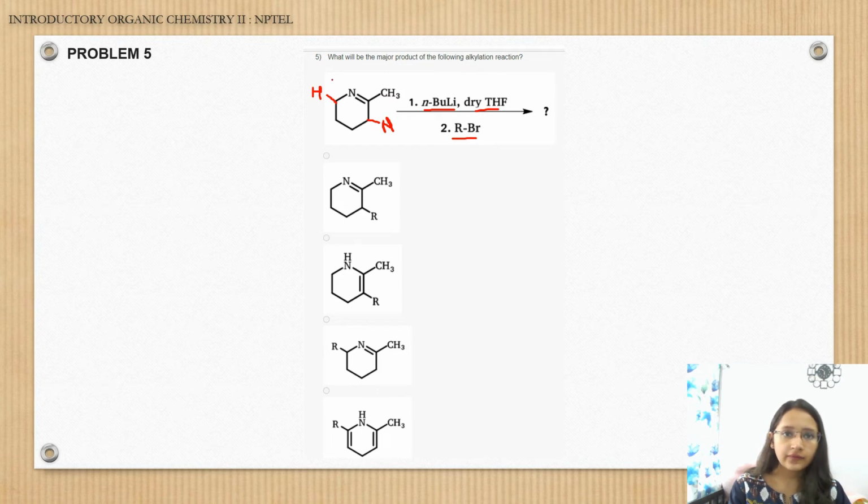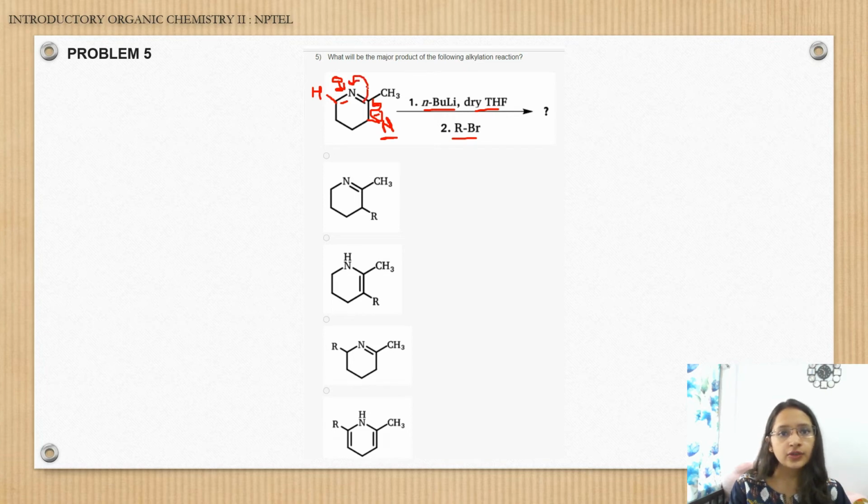See, if it abstracts this proton from the left side, then the anion which is generated here is not delocalized, because there is no double bond here to delocalize with this anion, right? But if you abstract a proton here, a carbanion is generated at this carbon, and as you can see, it can go here, and delocalization is there.